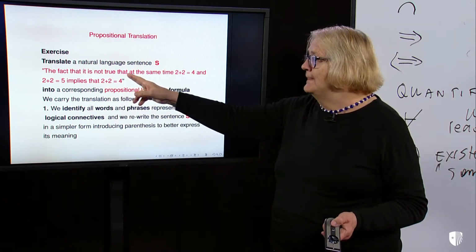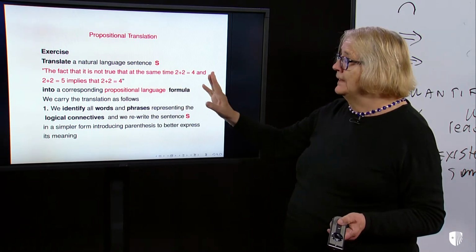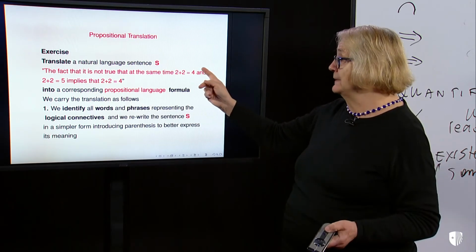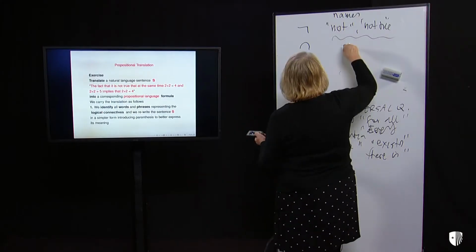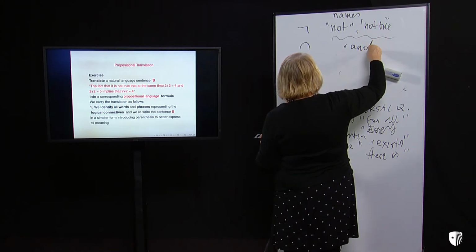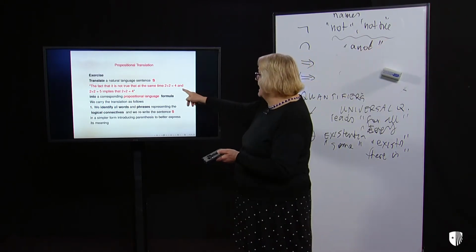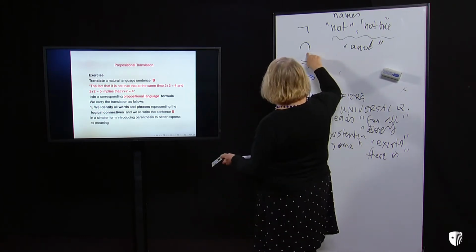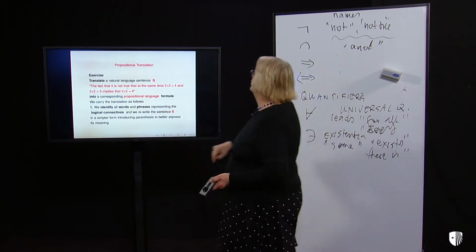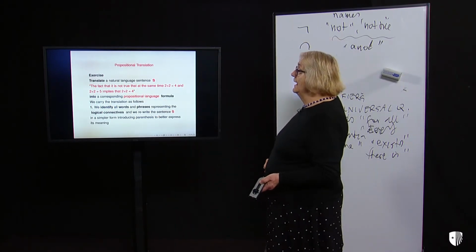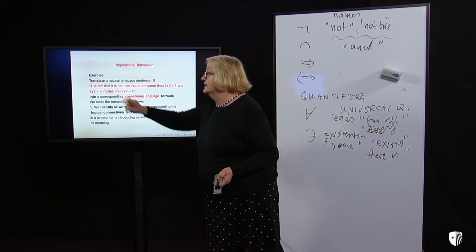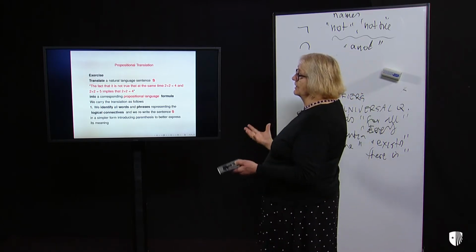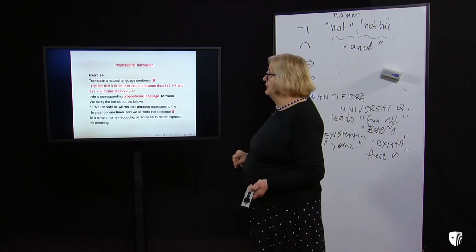Now you say at the same time, because I will explain why you have to put parentheses. But another is "and," because here it's your "and." So you identify "and," which you later want to replace by the symbol ∧. "Not true" is replaced by the symbol ¬. And "implies": you replace that structure by implication.